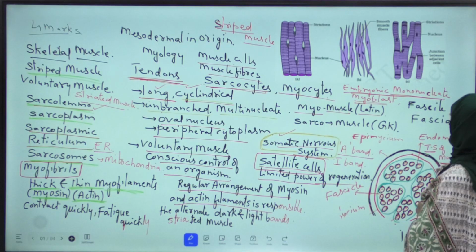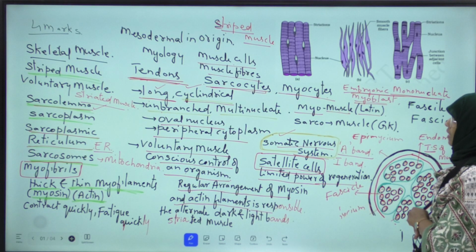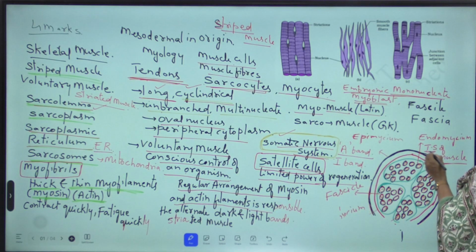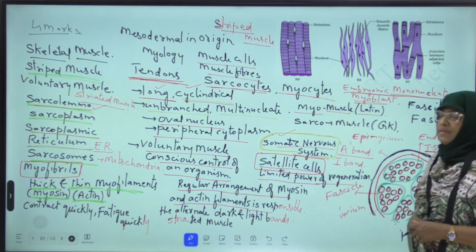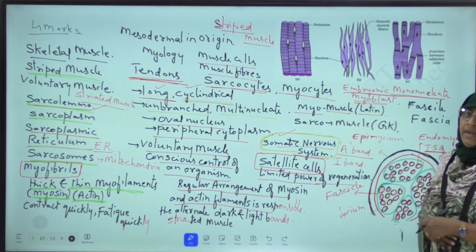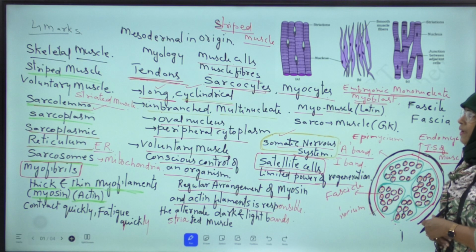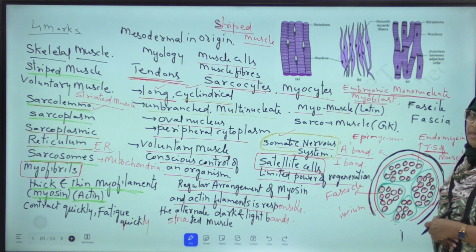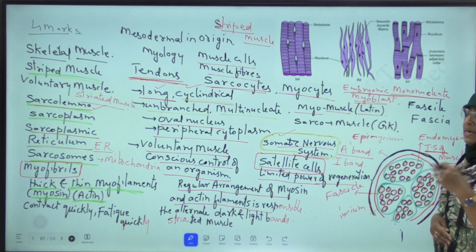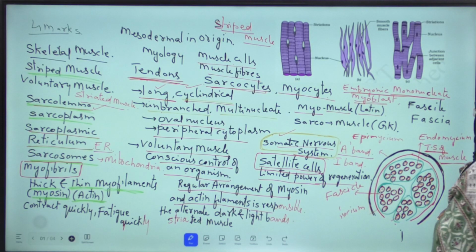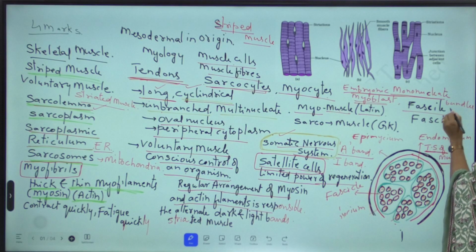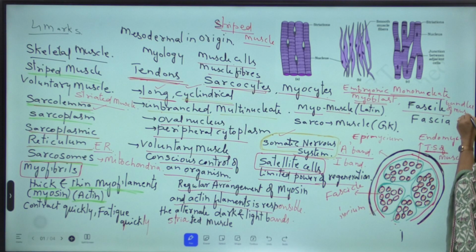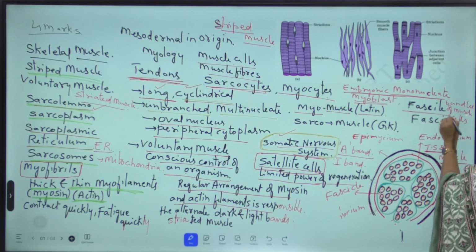Next, we will discuss the transverse section of muscle. Here, muscle is made up of many individual muscle cells. Groups or bundles of muscle cells are called fascicles.